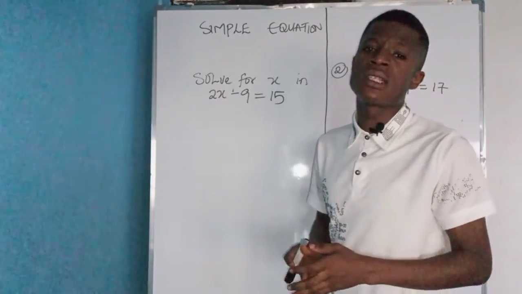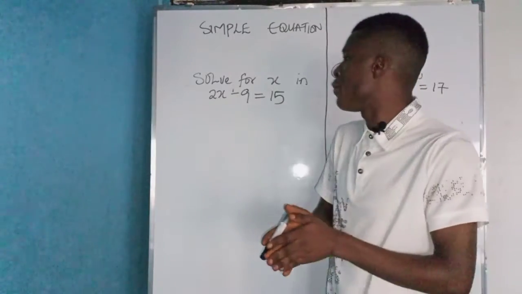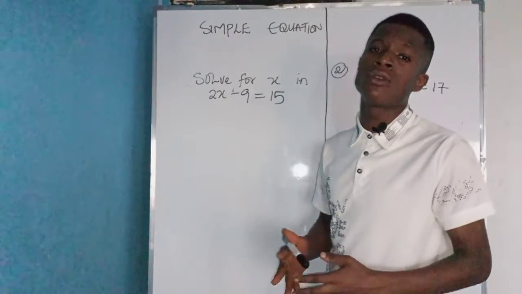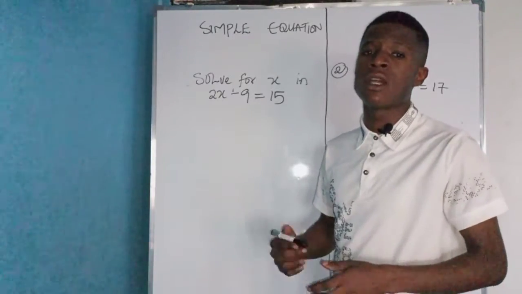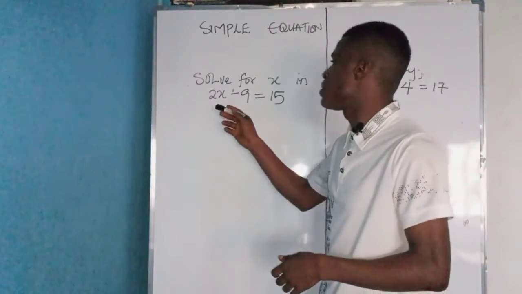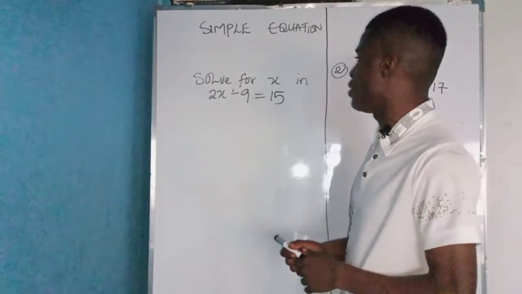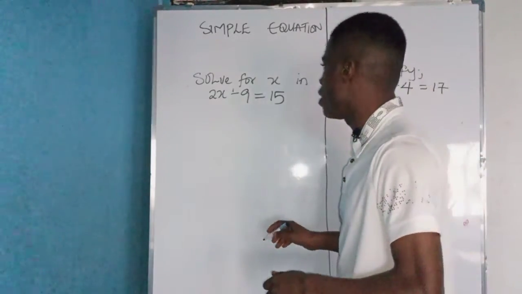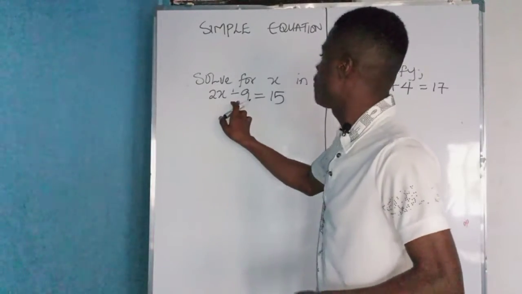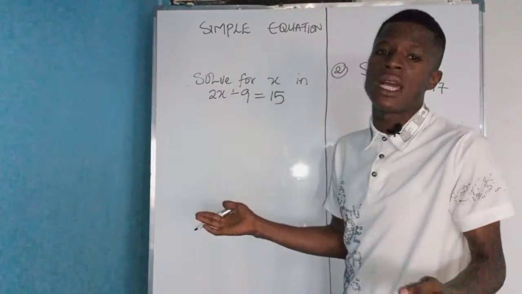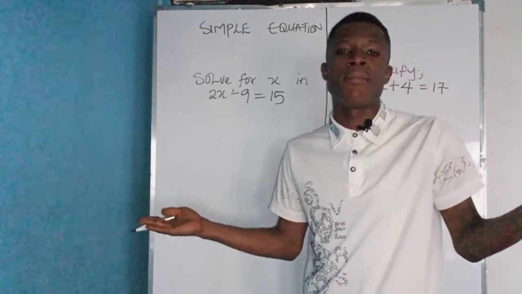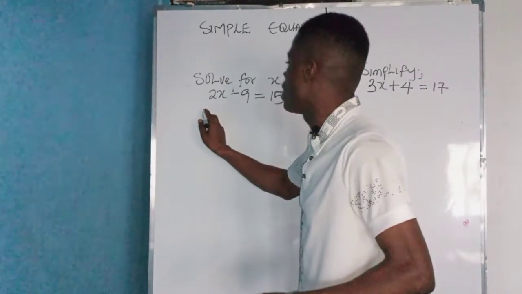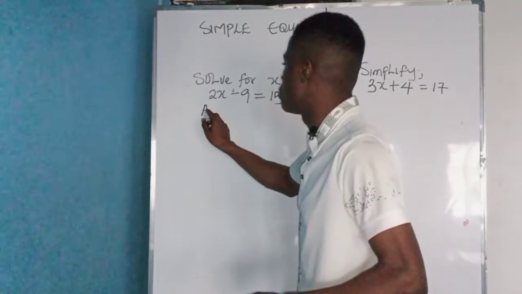To solve for x, we make use of our basic arithmetic operations. I have 2x minus 9 equal to 15, so I have to add 9 to both sides so that I can have a balanced equation.